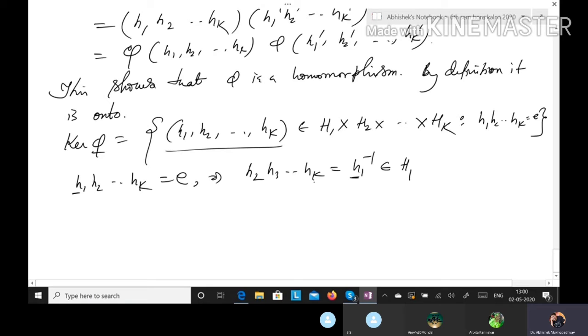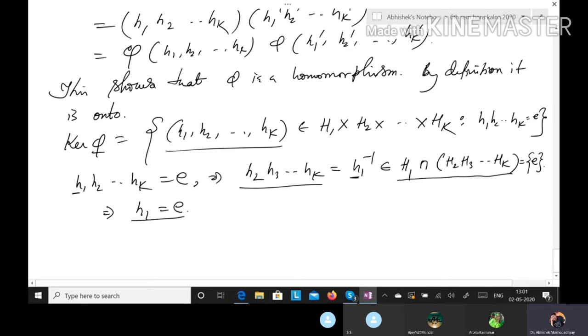But h1 inverse has been represented as h2 h3 ... hk, so it must be in H2 H3 ... Hk. But our assumption is that this intersection must be the singleton e. So from this one, h1 is identity.